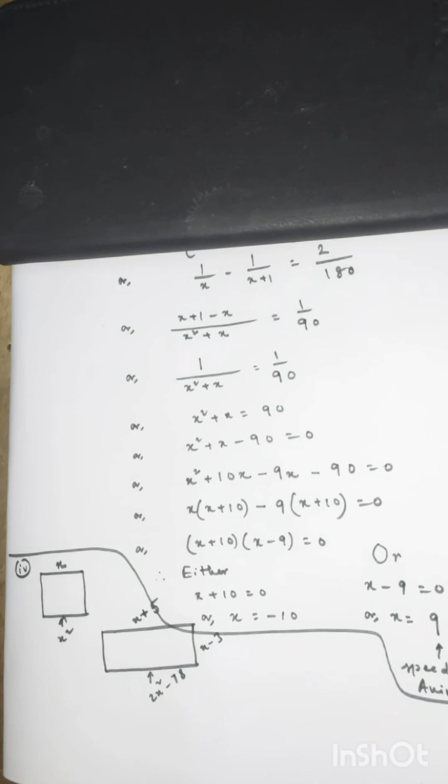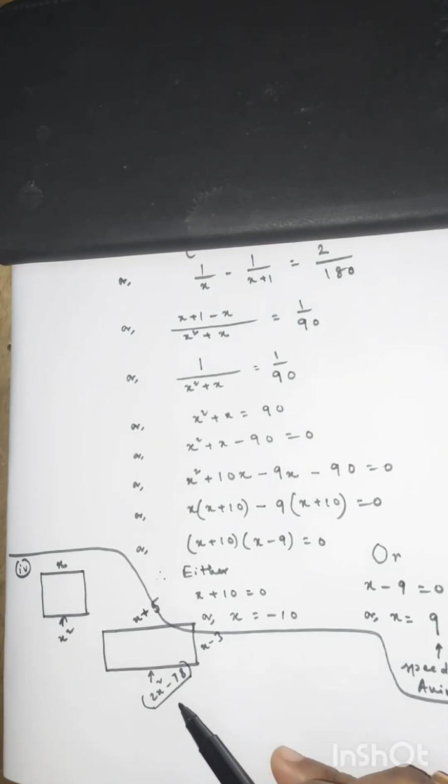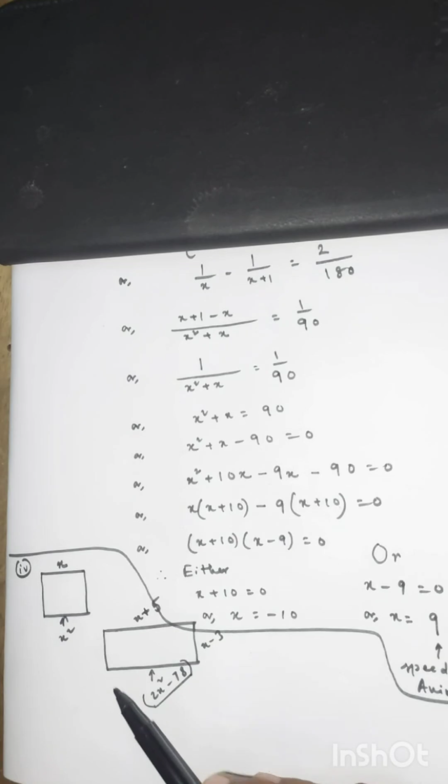And the question says the area of the rectangular park is 78 square meter less than twice the area of the square park.